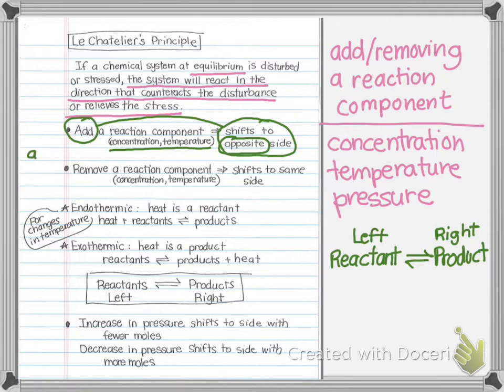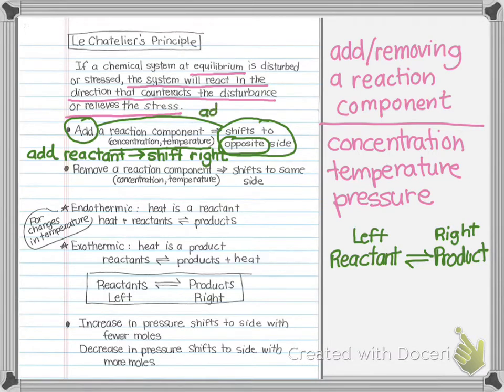So let's say I add something that's on the reactant side, it's going to, this is how you say it, shift right, because reactants are on the left, so it goes to the opposite side.